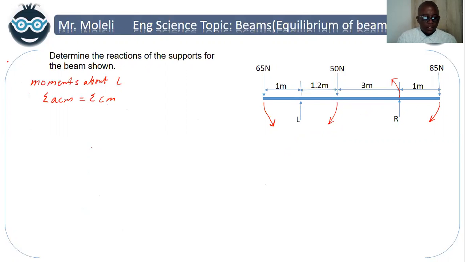Now let us consider all these forces. Sum of anti-clockwise moments about L: we have 65, let me open the bracket, 65 multiplied by 1, plus R multiplied by 4.2.